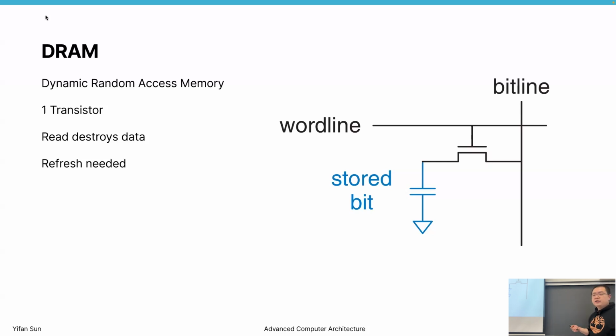Refresh is pretty quick, and it can be done in a rather parallel way. It's basically a write. You write the data into this stored bit, then it's refreshed. The charge is getting back to the original value.